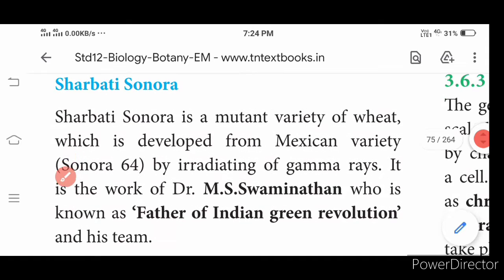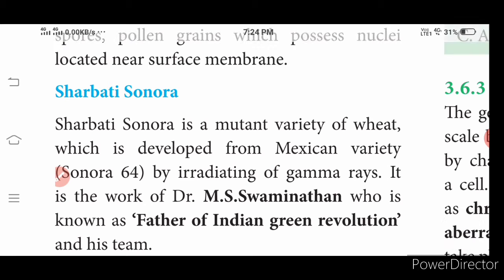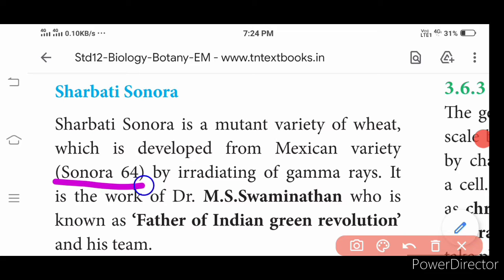Now we are going to learn about examples. Charbati Sonora is a mutant variety of wheat. It was developed from the Mexican variety Sonora 64 by irradiating with gamma rays. Do you follow?